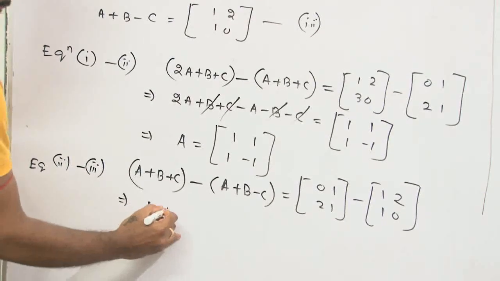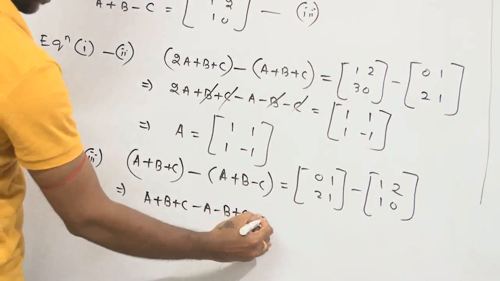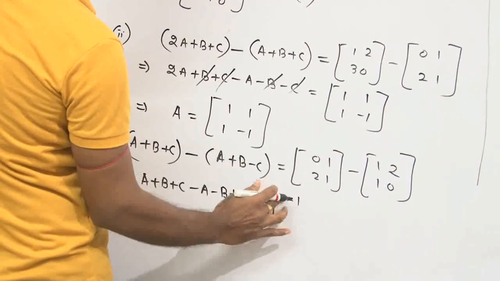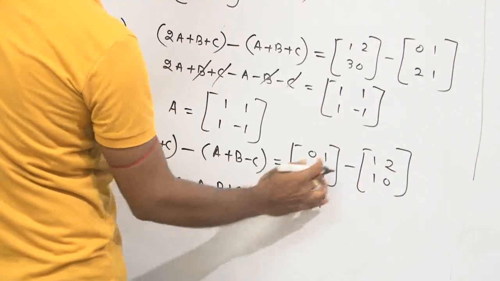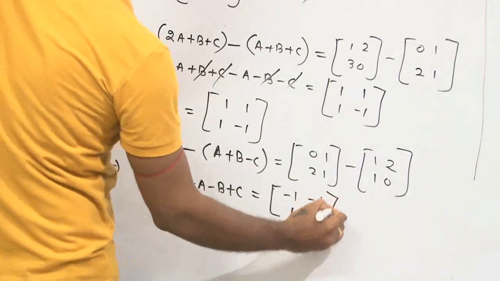That is equal to A plus B plus C minus A minus B plus C, and that is equal to 0 minus 1, that is minus 1, 1 minus 2, that is minus 1, 2 minus 1, that is 1, 1 minus 0, that is 1.